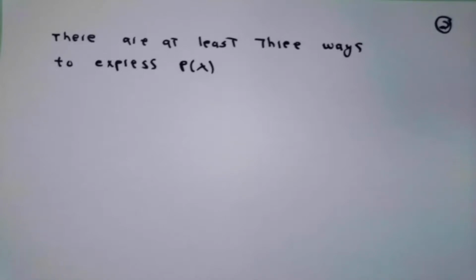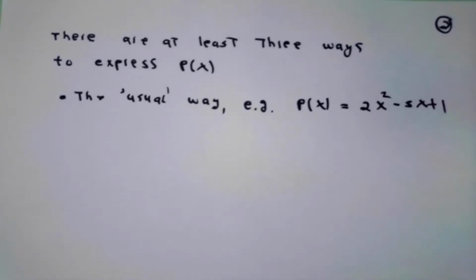In thinking about this interpolating polynomial, there's at least three completely different ways that I can think about this. Firstly, there's what you might think of as the usual way. You can write polynomials in the kind of format that you're used to from algebra and calculus.